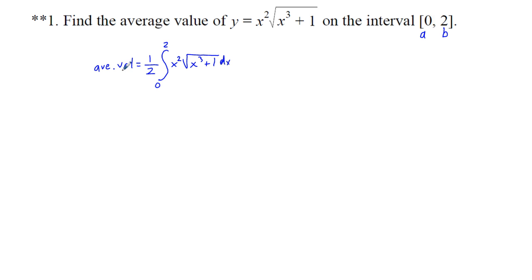That's the average value. And so we're going to have a U-substitution here.